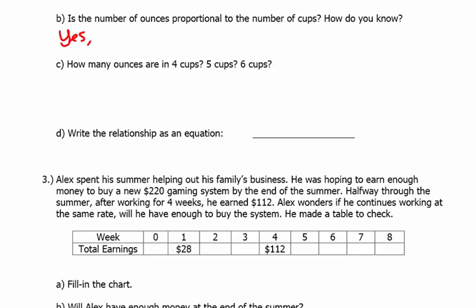And I knew that because all of the ratios were the same. How many ounces are in 4 cups, 5 cups, 6 cups? So I found that there's 8 ounces per cup.